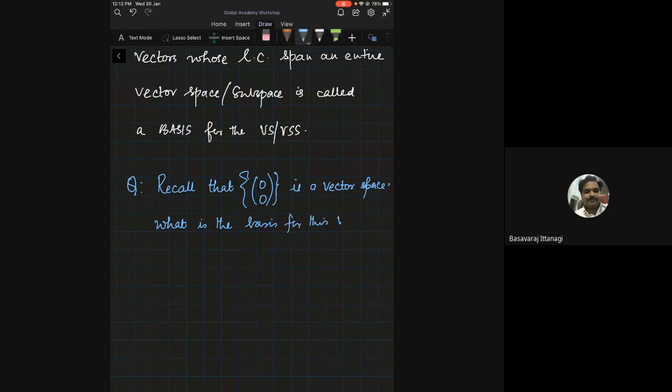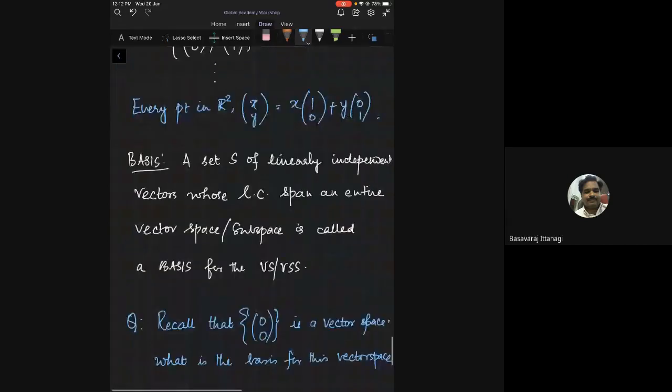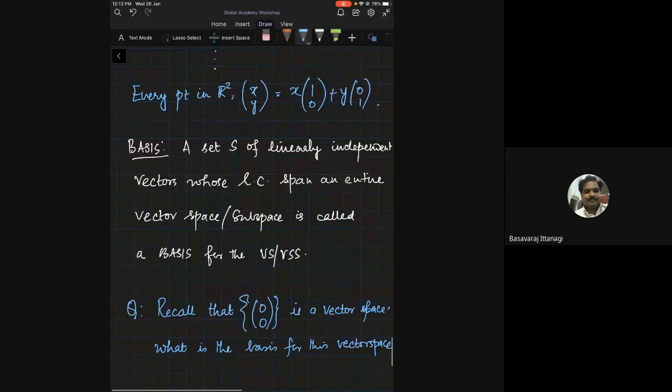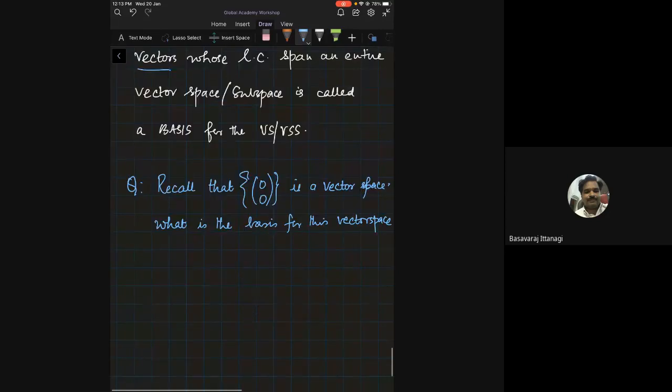Because we just said a few minutes back that every vector space or subspace has a basis. In fact, it has infinitely many bases. And every basis is a set of linearly independent vectors. That definition also we have given. Now, this vector space just contains the zero vector. Now, what is the basis for this?